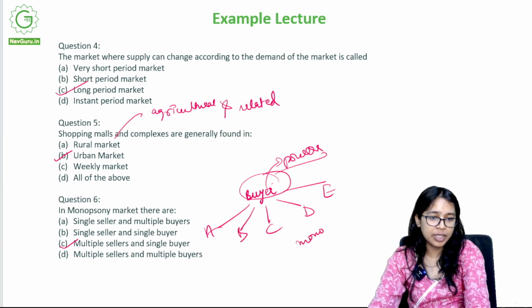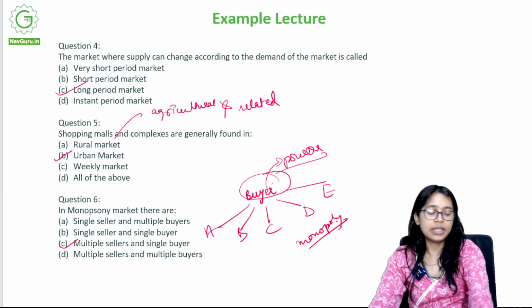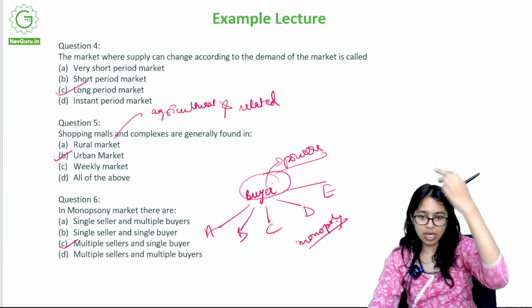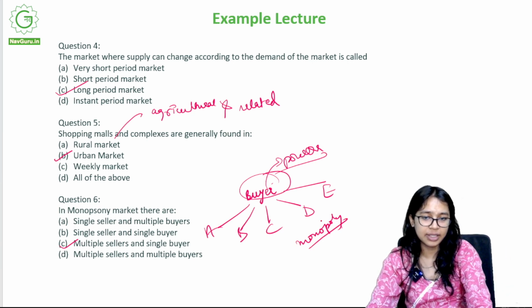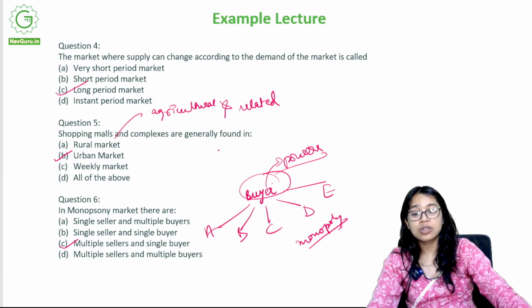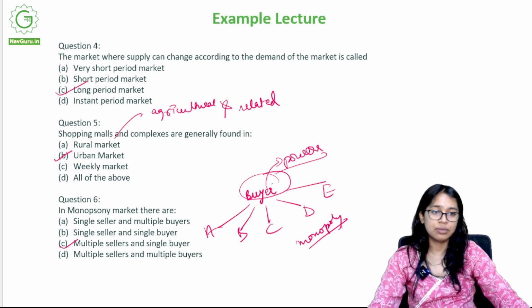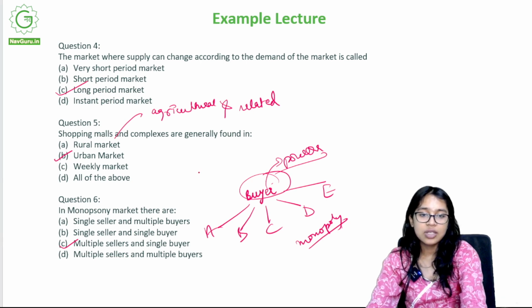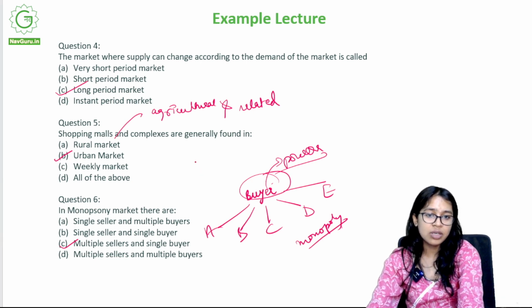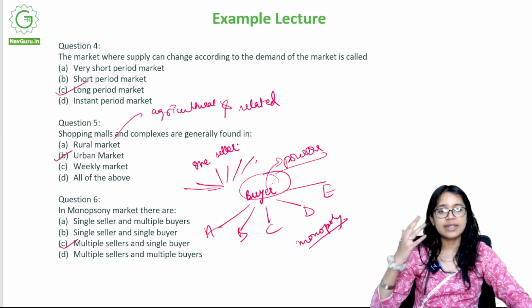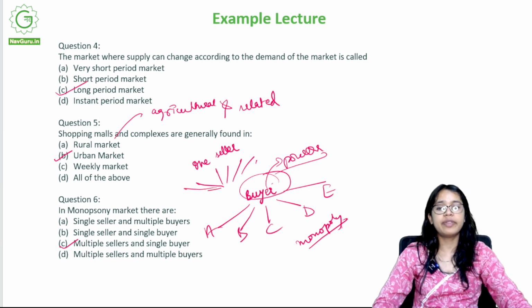Whereas in monopoly, which is another category on the basis of the number of buyers and sellers, what happens? There's only one seller, and then there are buyers. So in this case, the seller has more power than the buyer.